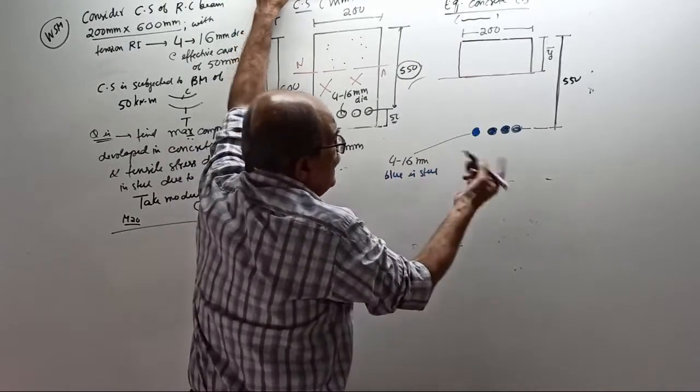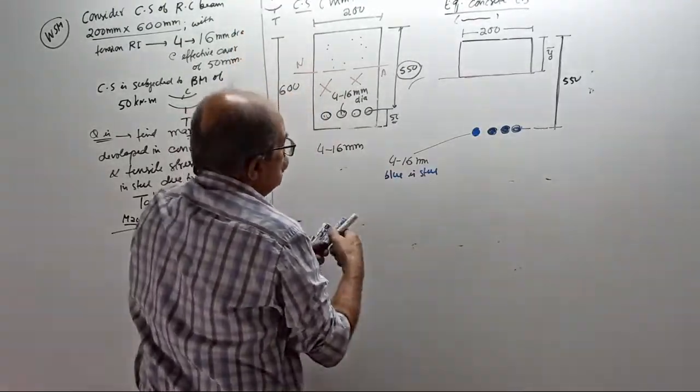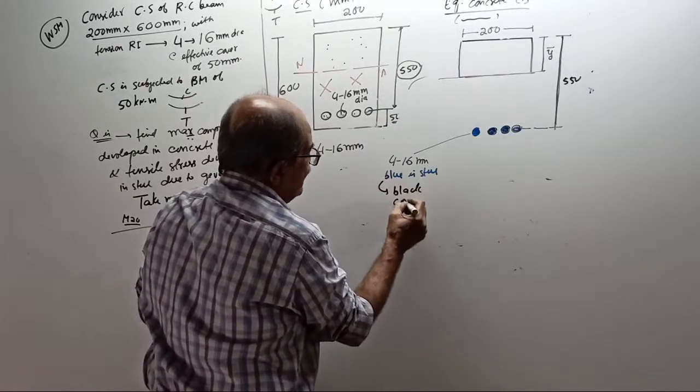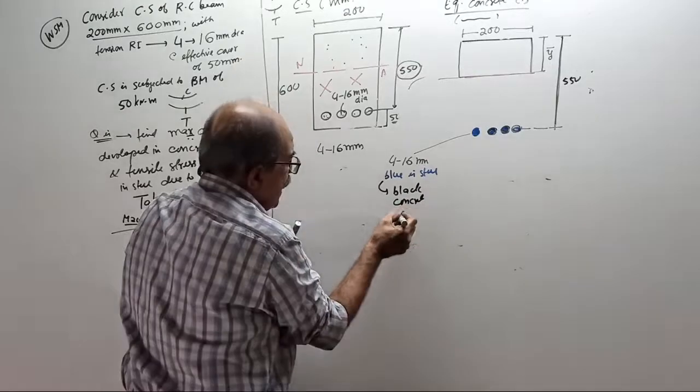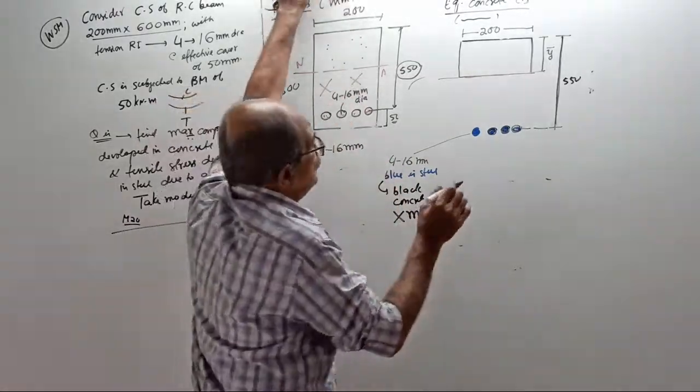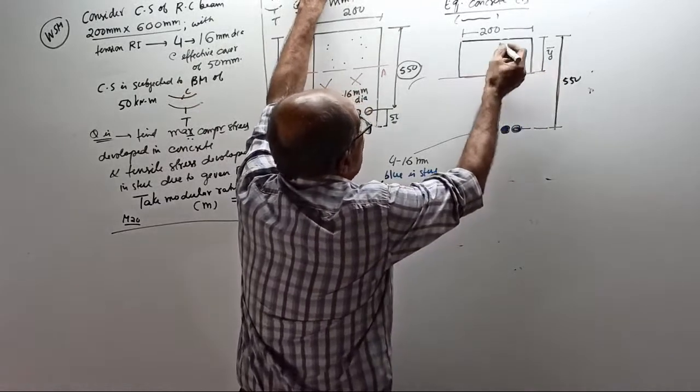I want to change it to black, because black means concrete. Concrete: multiply by M. Remember, multiply by M. Right. Now, tell the answer.